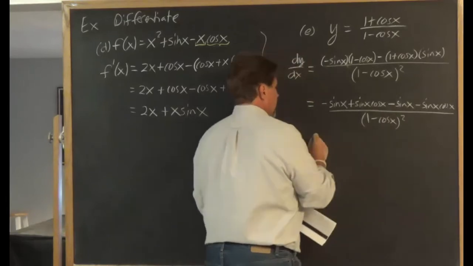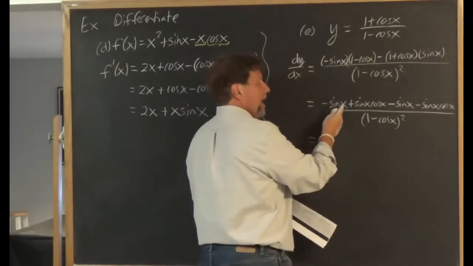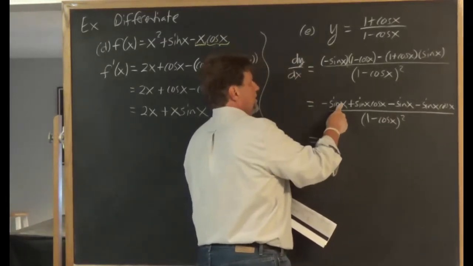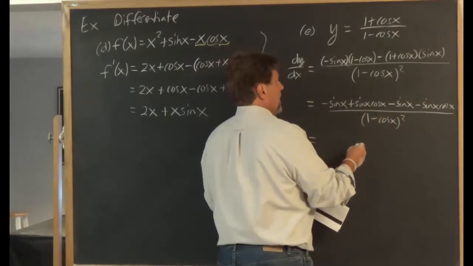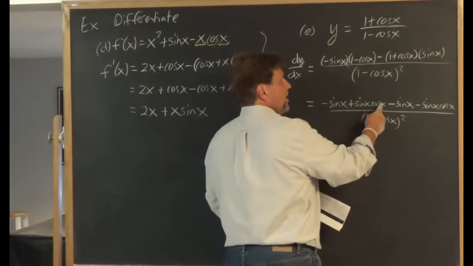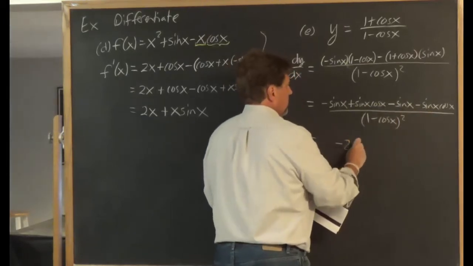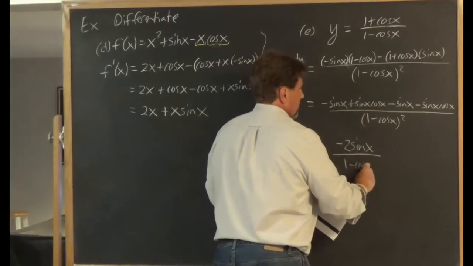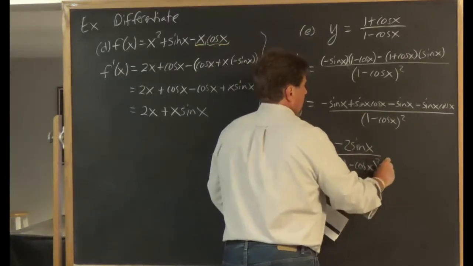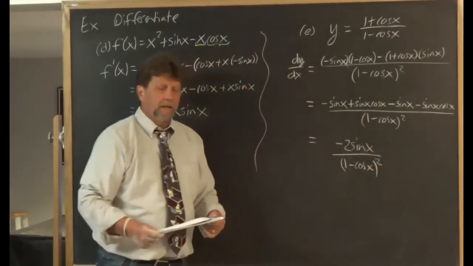And then, well, we did that, we might as well combine any like terms we have. So negative sine x minus sine x, that's a negative 2 sine x. Oh, the sine x cosine x cancel out. Alright, so we did a little bit of simplifying.